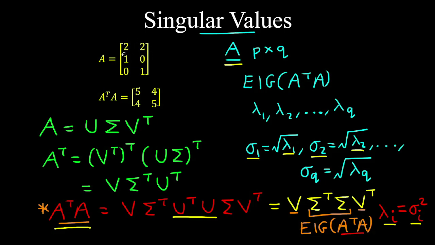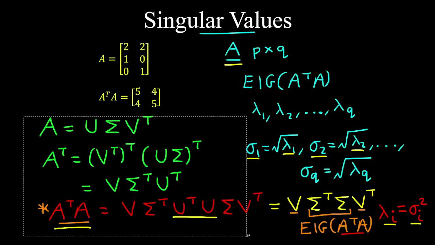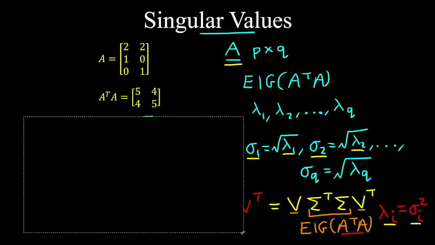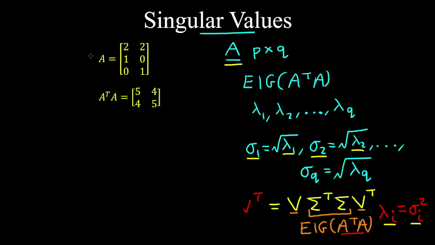So let's take a look at this example and get rid of this. If we want to find the singular values of A, we take the transpose of A and multiply it by A to get this matrix. And then we solve the characteristic equation to get the eigenvalues.